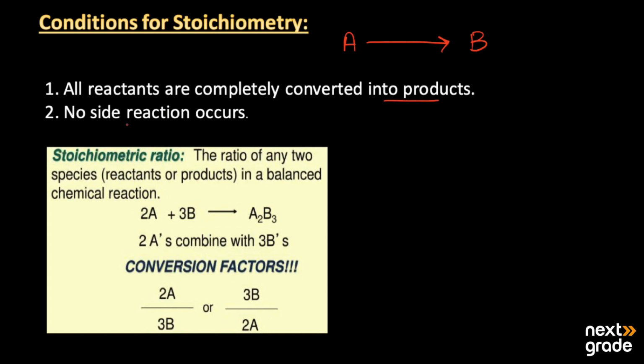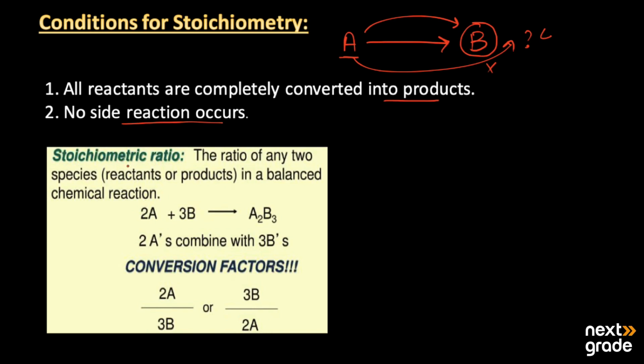The second condition is that no side reaction occurs. No side reactions means there must be no other reaction or other substance that reacts with A and changes into a third product, C. If we want just the B product, no side reaction will be there along with that.